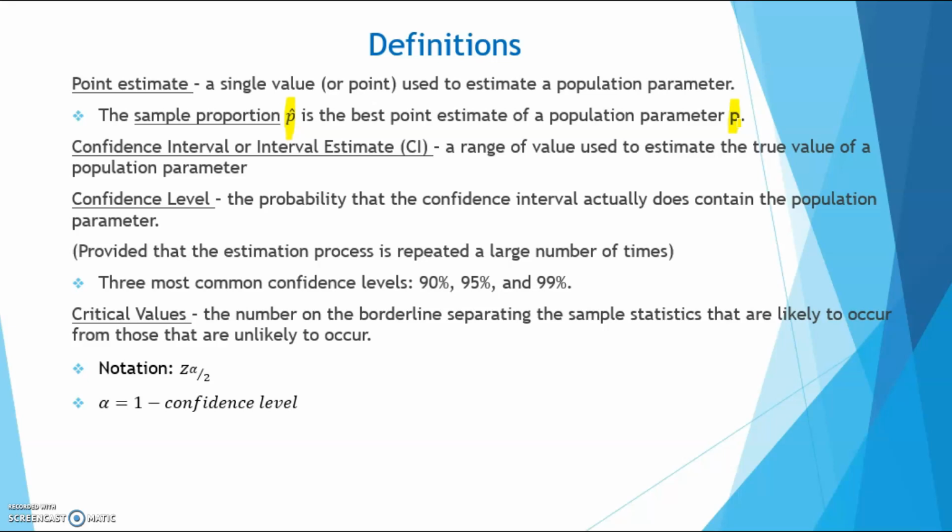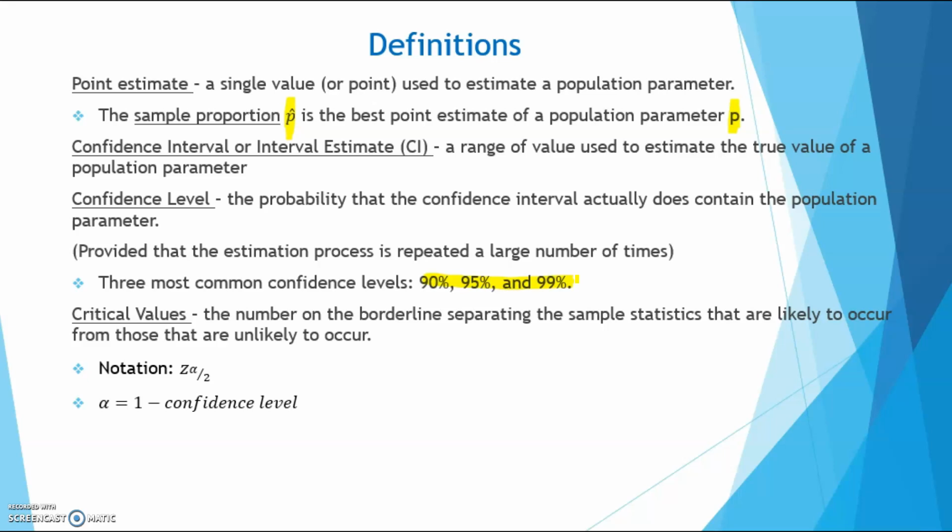And how confident you are in that value being in that range, we call a confidence level. It's the probability that the confidence interval actually does contain the population parameter. The three most common levels are 90, 95, and 99.